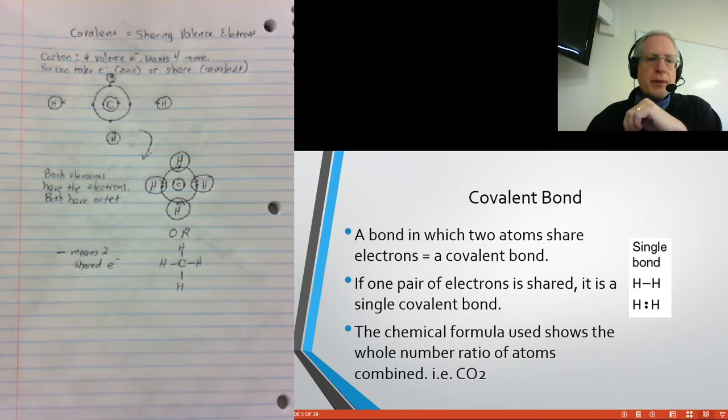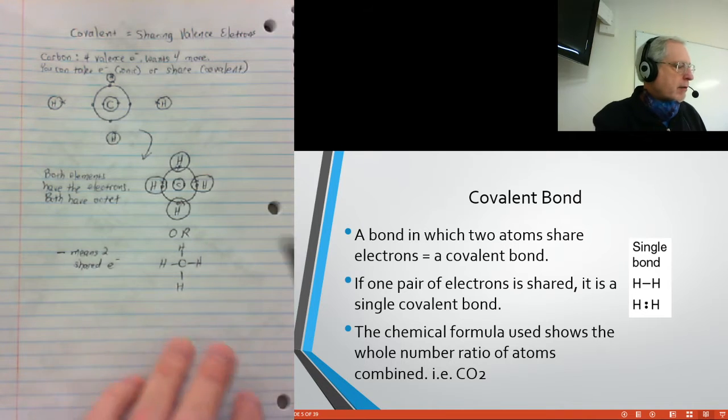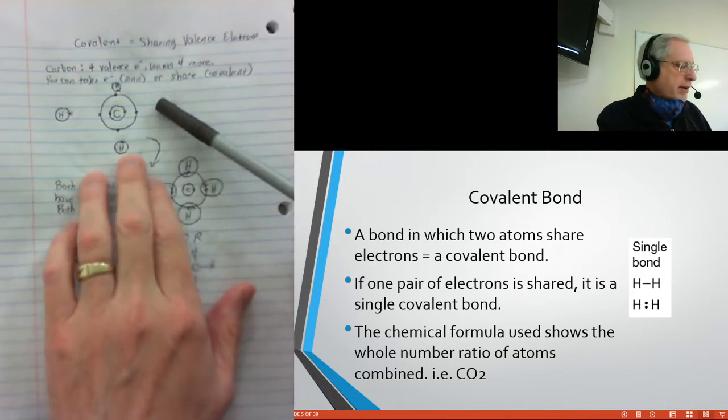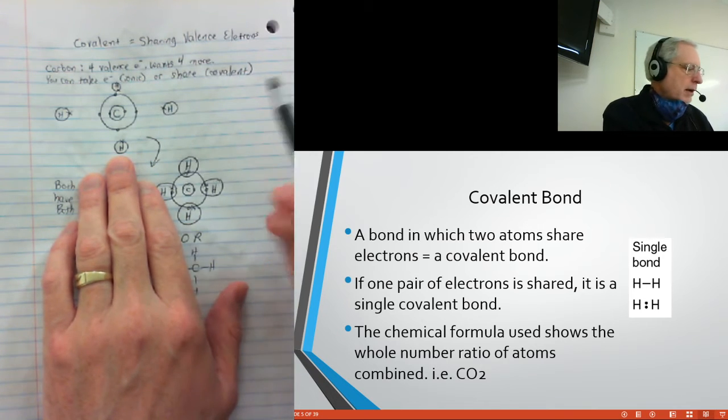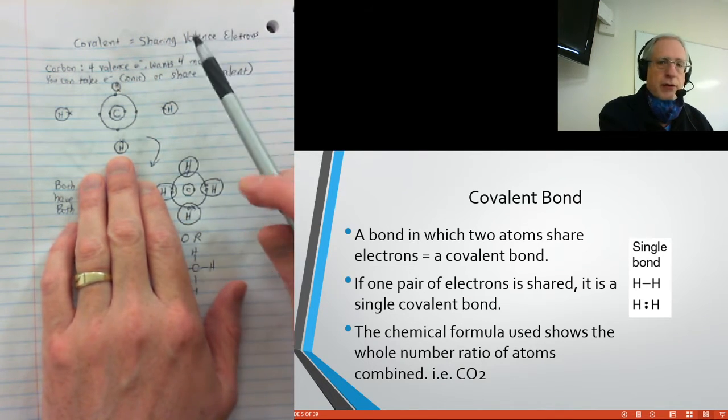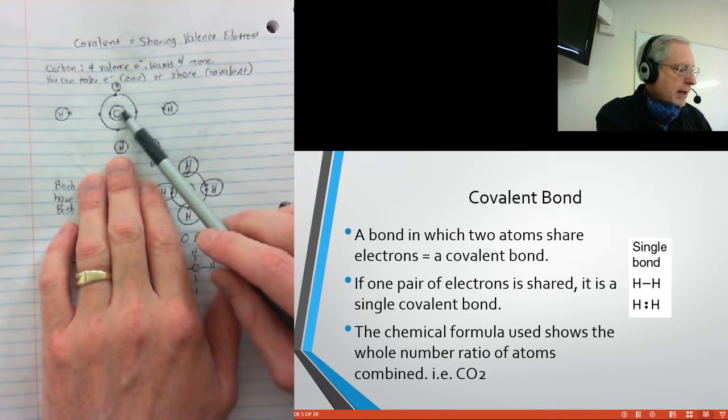But from a chemical formula, how do we know how many atoms are involved? How do we know how many electrons are involved? Well, let's look at carbon. For instance, carbon has 4 valence electrons and 6 total electrons. 2 of the electrons are 1s2, so these are inner electrons.